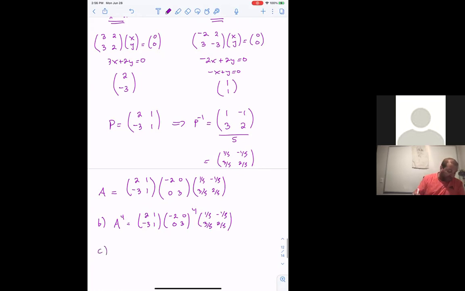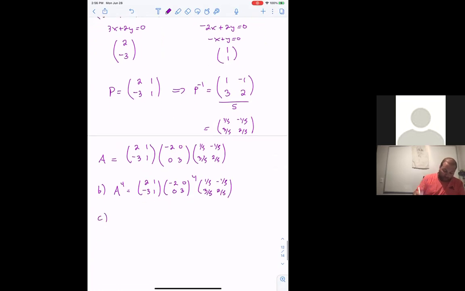And then part C says, fine, no problem. Find me A to the fourth, but no powers. No problema. Because I know how to do a diagonal matrix to the fourth power. That's negative 2 to the fourth power, 0, 0, 3 to the fourth power. And it just gives me this.